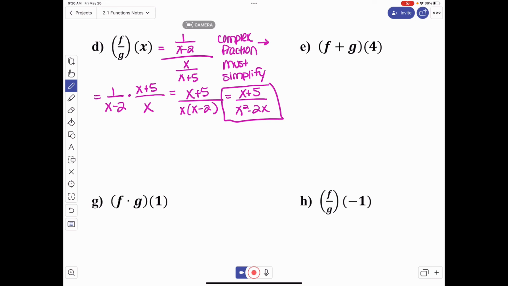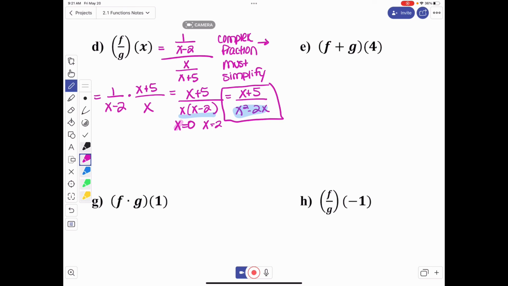Now, here I do have to worry about, being that I did get a new fraction for my answer, I do need to factor this, okay? So, we've already factored it here. So I know x can't be 0, so we'll throw 0 into our domain. And then, of course, we still get 2 again, which we've already used.